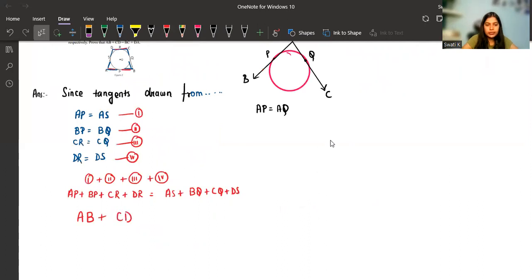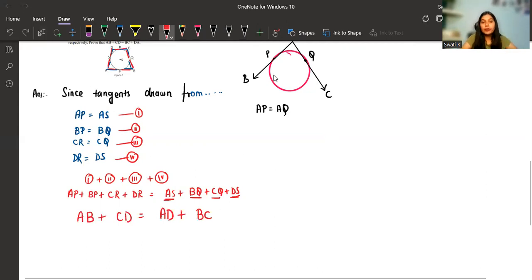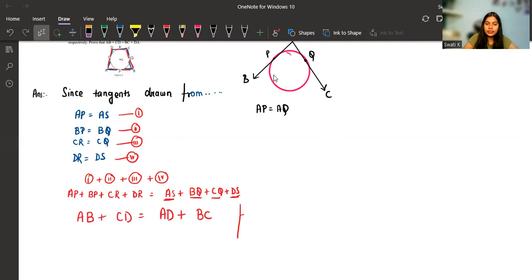So AB plus CD. Now we have AS plus DS, which is nothing but AD. Now next is BQ plus CQ, which is nothing but BC. And can you see that this is what we wanted to prove? We wanted to prove AB plus CD equals BC plus DA, and we have proved it.